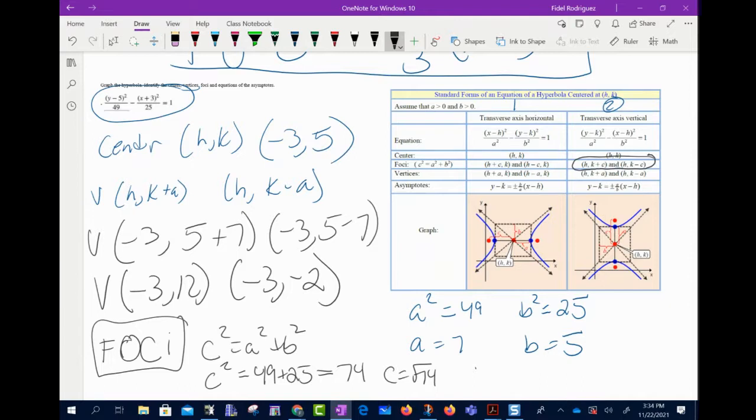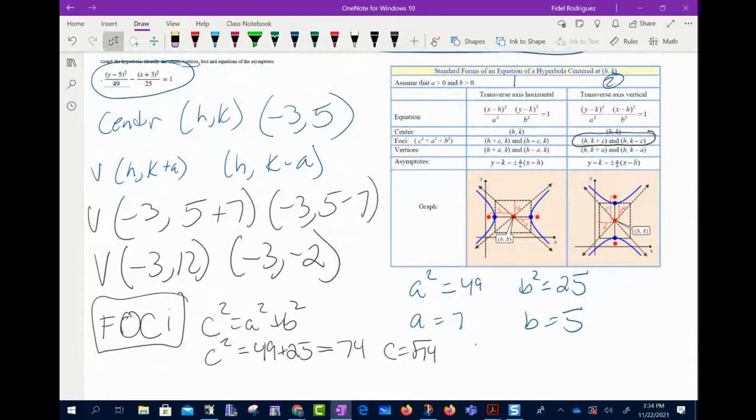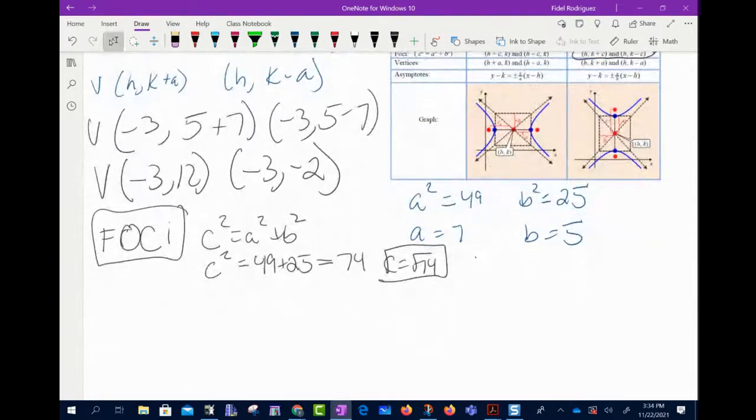No, I haven't written anything underneath it. Did you come up with c squared of 74? Okay. So look, John, all I'm going to do is this part right here: (h, k plus c) and (h, k minus c).